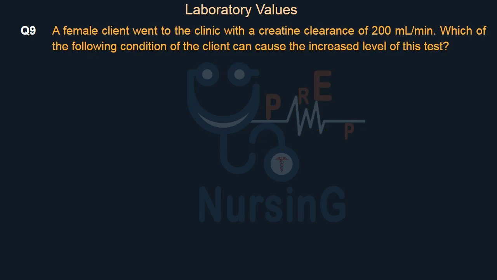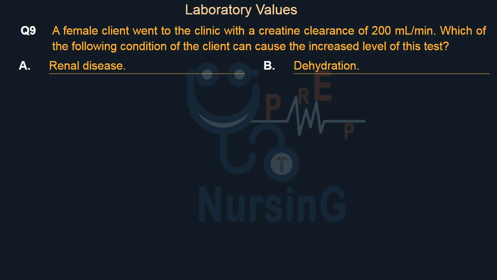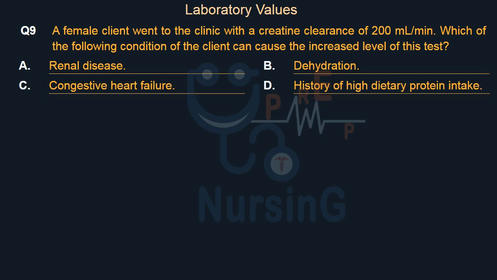A female client went to the clinic with a creatinine clearance of 200 ml per minute. Which of the following conditions of the client can cause the increased level of this test? Option A, renal disease. Option B, dehydration. Option C, congestive heart failure. Option D, history of high dietary protein intake.